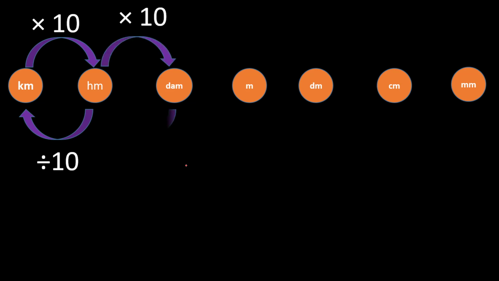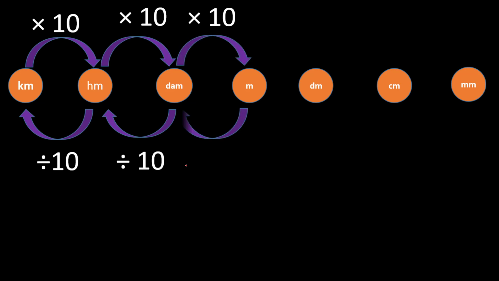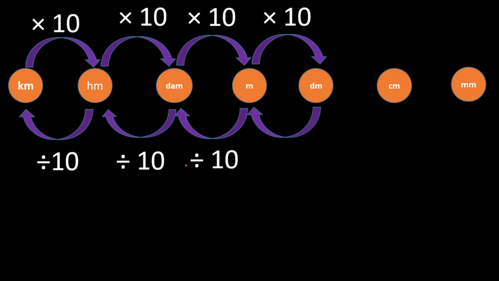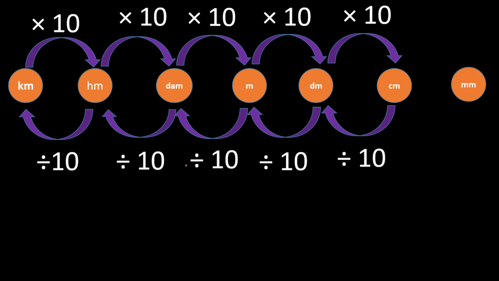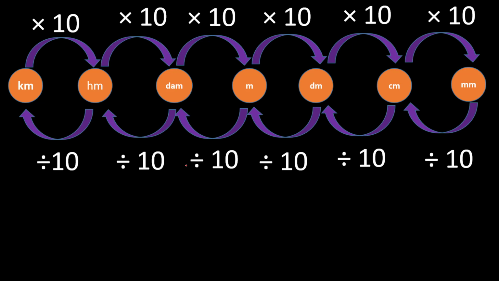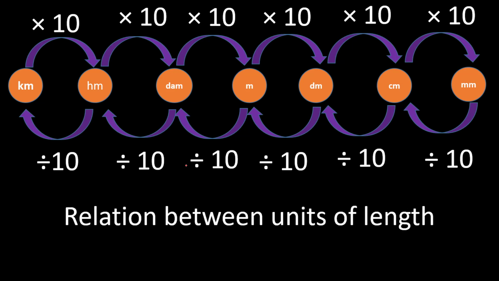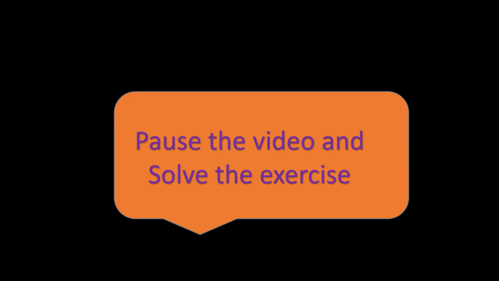Multiplying by 10, divided by 10, multiplying by 10, divided by 10, and so on. Yes, it's very easy to remember the shape. Okay, it's a nice shape. It's very good. So this is the relation between units of length. Now you can stop this video and solve the exercise.